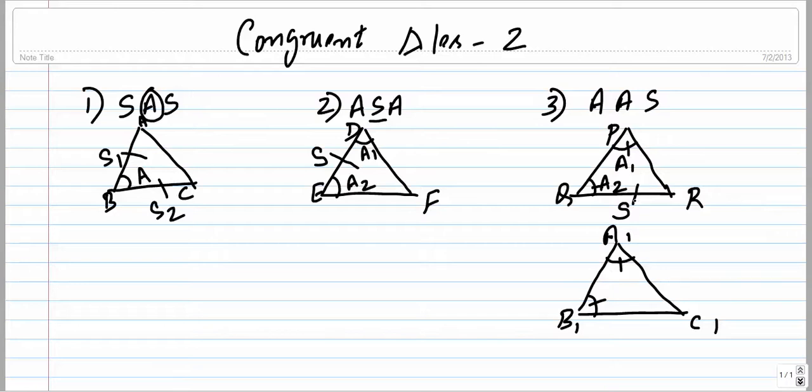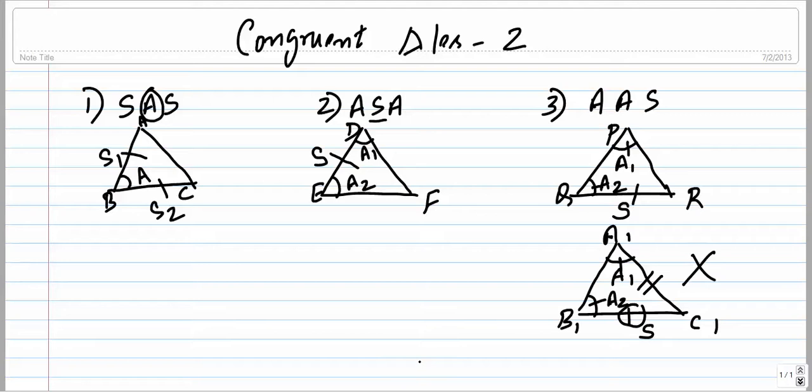Now when this side has to be taken here, you can see that it is opposite to angle A1. So in this triangle also I should take only this side, that is, the side corresponding to the angle must be considered. Here you can say that this is A1, this is also A1 and this is also A2, and I should take only this side, and if by mistake I have taken this side, then it is wrong.